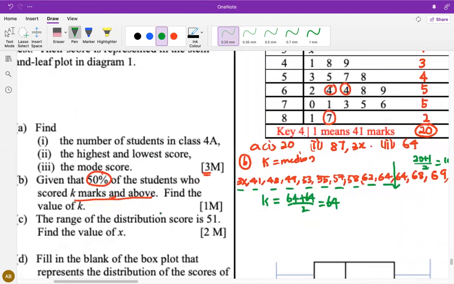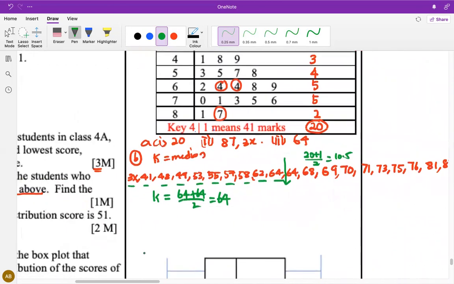Then C, find the range of the distribution. If the range is 51, what is the value of X? So that means the range is C. The range is the highest score, 87, minus 3X, which equals 51.